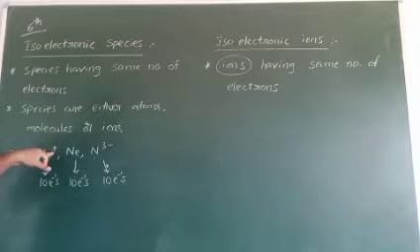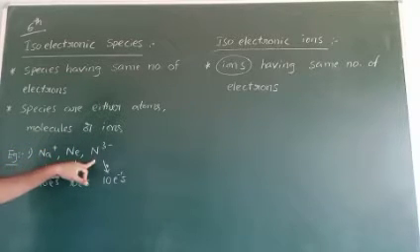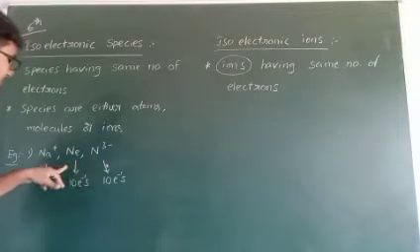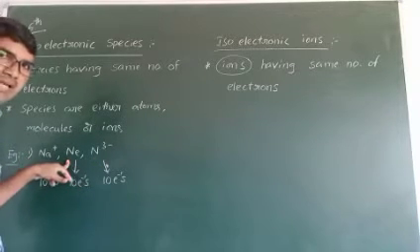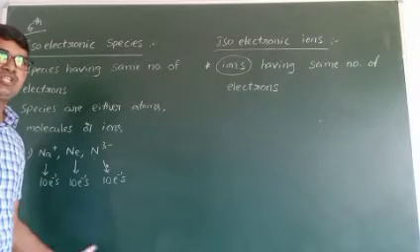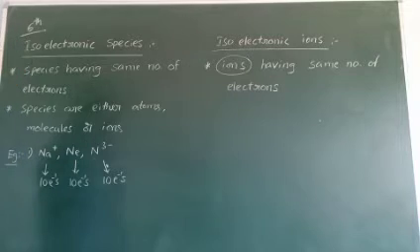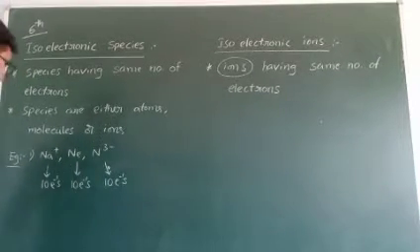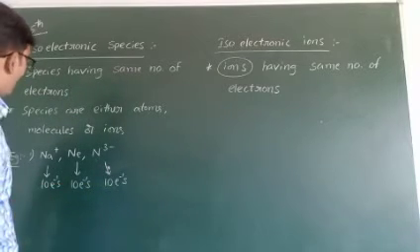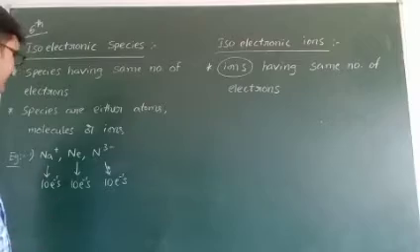But here, Na+ and N3- are ions, while Ne is a neutral atom. Neutral atom means there is no charge. So 10 electrons, so it is isoelectronic species.